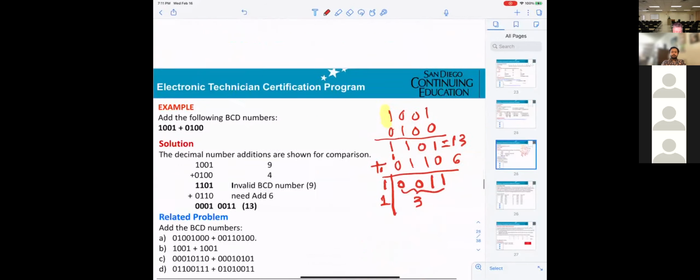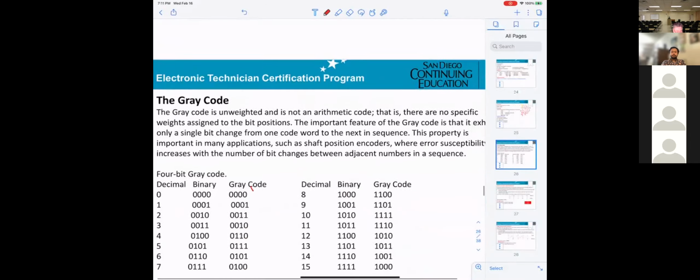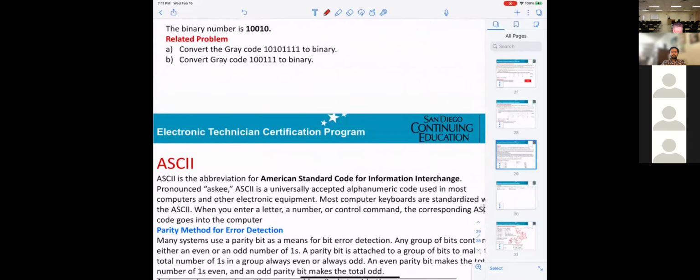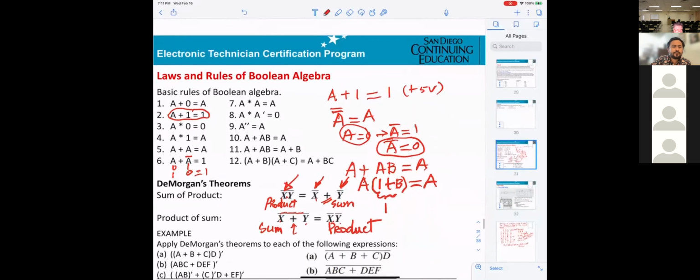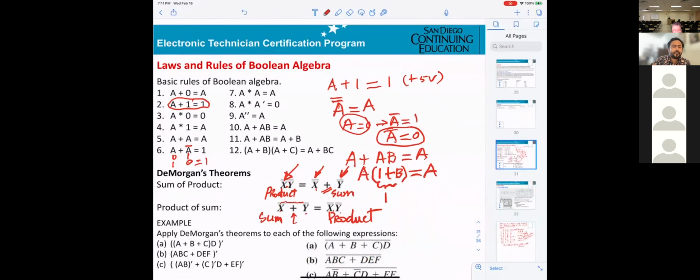Keep going down. Right here, number 10 and number 11. Number 10, A or AB. That's what I already proved for you. Right. What about 11? Okay.